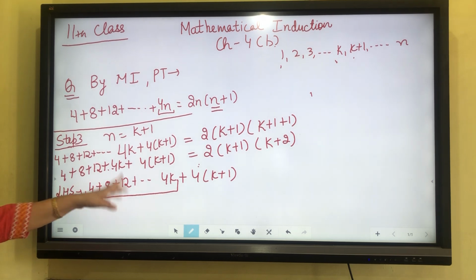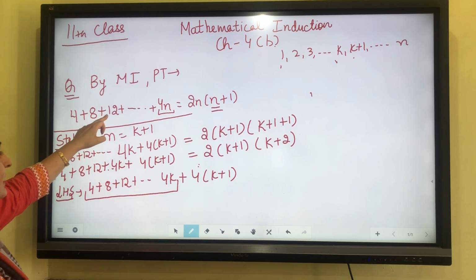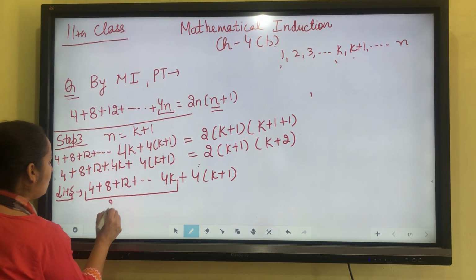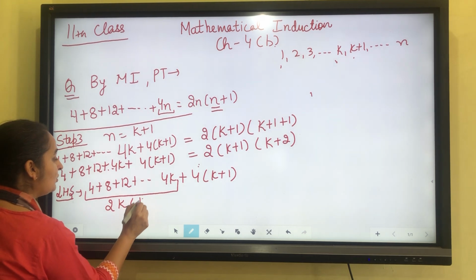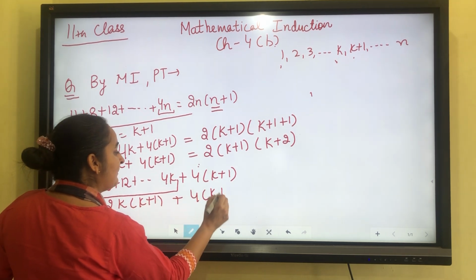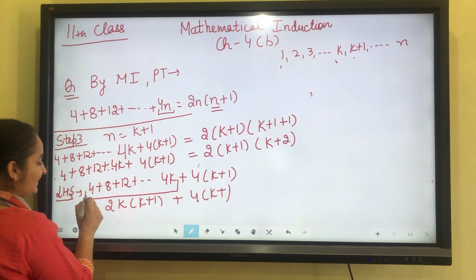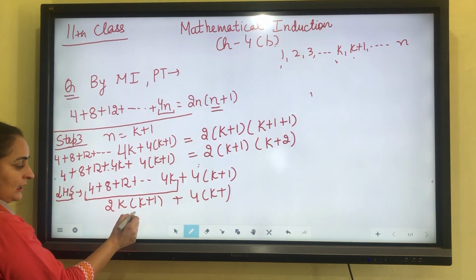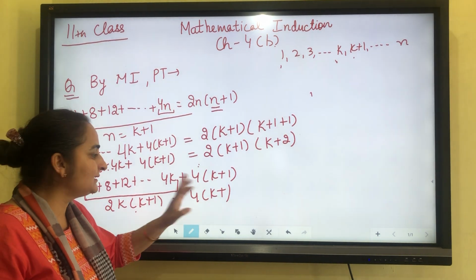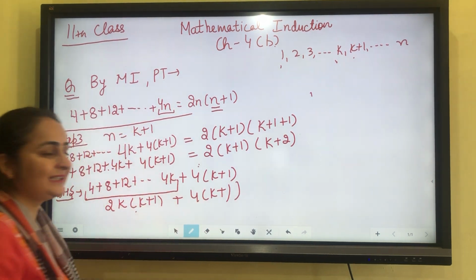In the second step, we fill the value: 4 plus 8 plus 12 plus 4n is equal to 2k into k plus 1 plus 4 into k plus 1. Up to this, the result of k terms I am filling here and the k plus 1 term is left as it is.